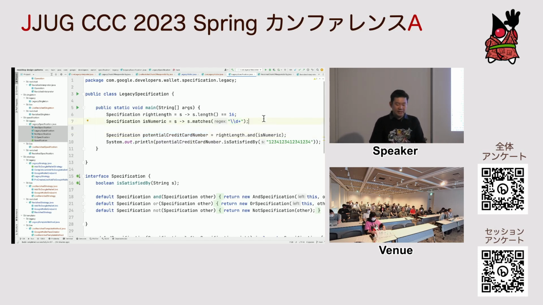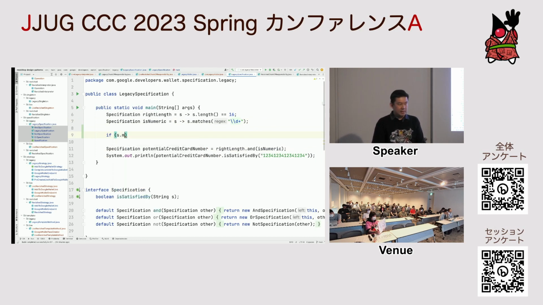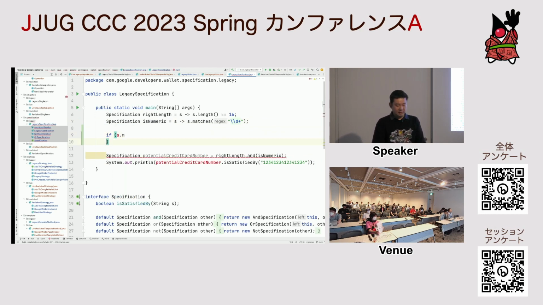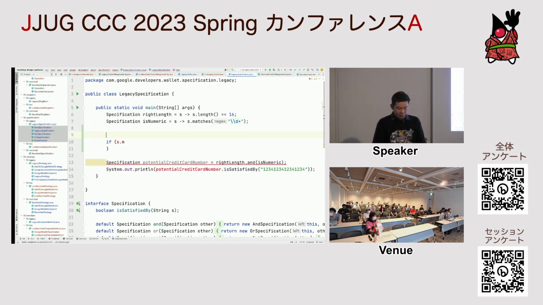So instead of creating an if, let's say, string card, ABC, and instead of doing if card.length equals 16 and card.matches only digits.